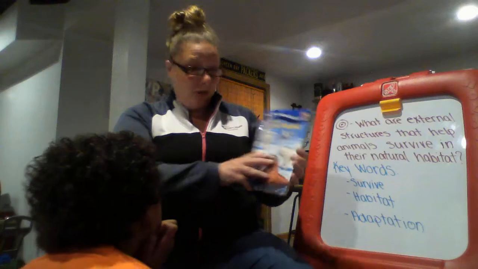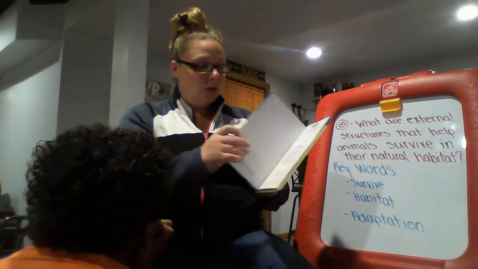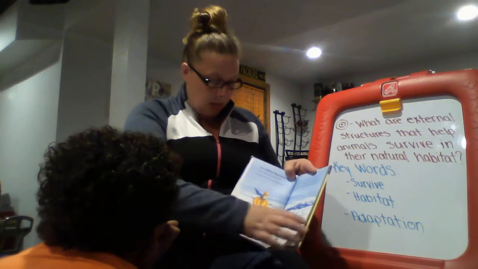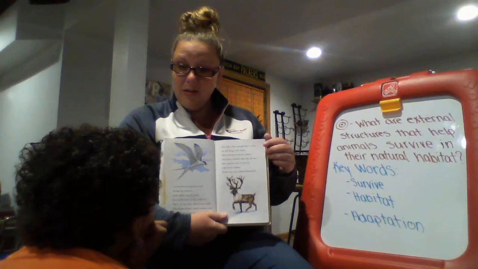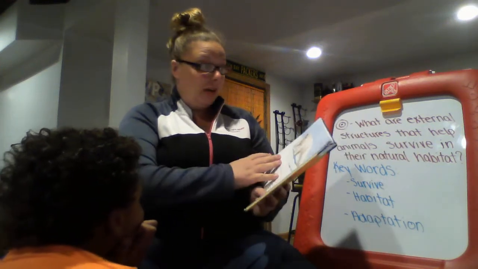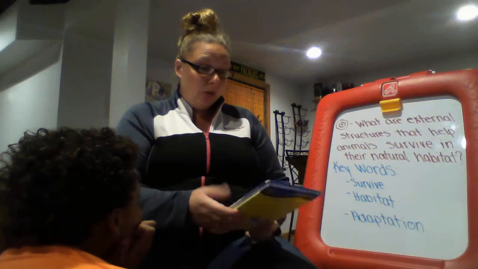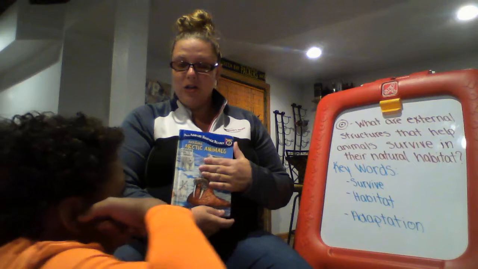So we read this book, Amazing Arctic Animals, yesterday, and we read all about these amazing animals and how they survive in their habitat in the cold, right? So they use some of their external structures to survive in their natural habitat.